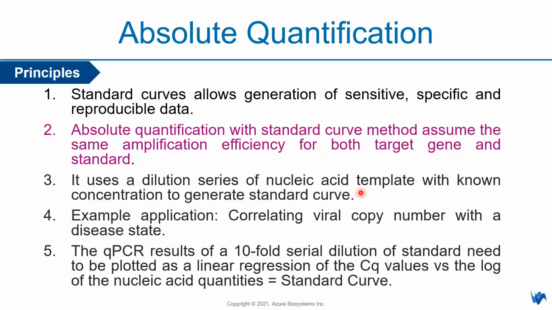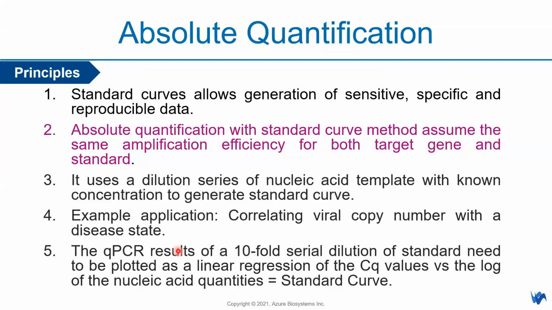You know how much, or how many copies, or how many grams of tissue were used to generate this nucleic acid template to give you that standard curve. You need to plot it. By the end of the day, an example application for absolute quantification using the standard curve is that you can correlate, let's say, the viral copy number with a disease state. If you have a higher copy number of virus, that means the disease state is much more severe than with a lesser copy number of viruses in the sample itself.